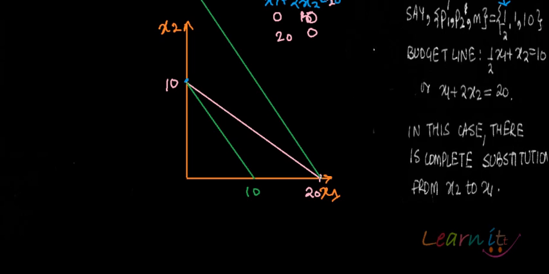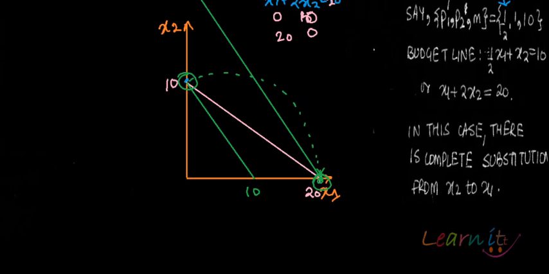So with the same budget, in case I can move to a higher indifference curve, I will. So when I was consuming at this point, now I will straight away substitute towards this point, and I'll start consuming here.